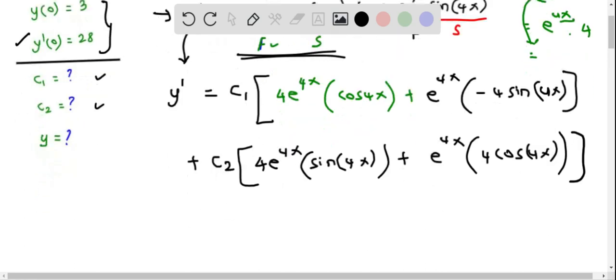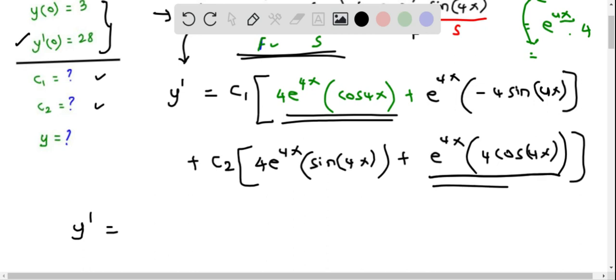Now let's simplify this by factoring out some like terms. So I can write down this y prime. Notice that we have 4 e power 4x cos 4x here, as well as here also we have 4 e power 4x cos 4x. And we have a product multiplier C1 here, and we have a product multiplier C2 here. So when we factor out 4 e power 4x cos 4x, the factor term is 4 e power 4x times cos of 4x.